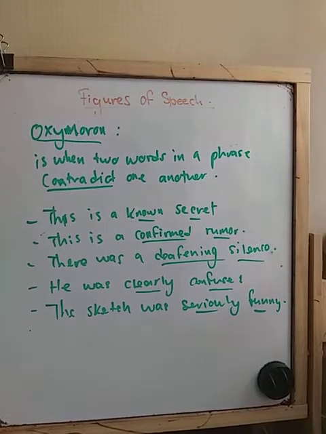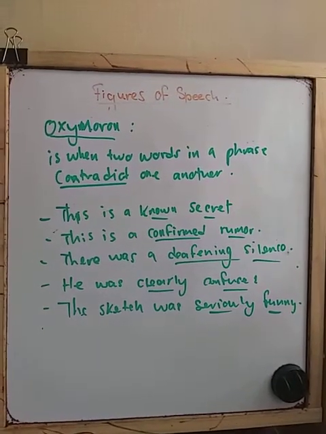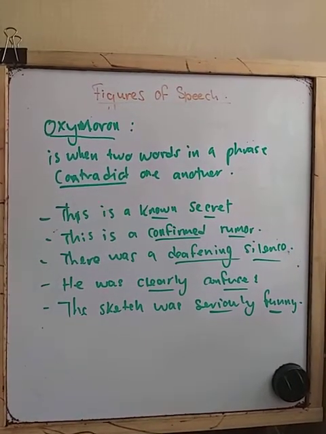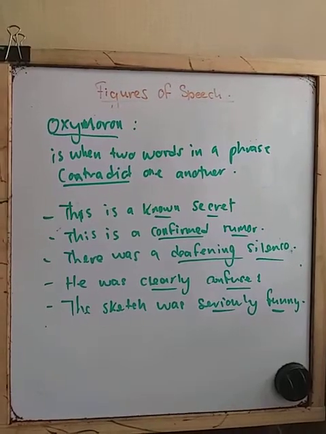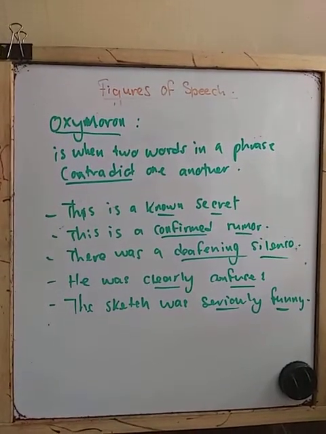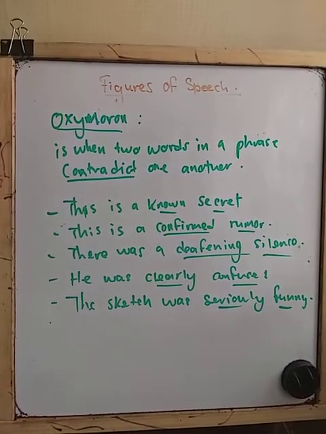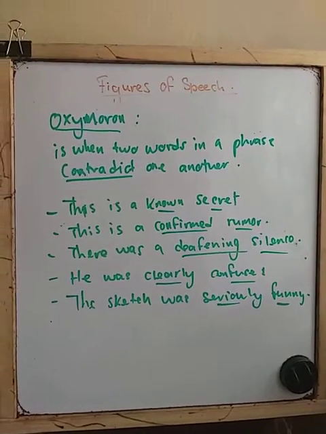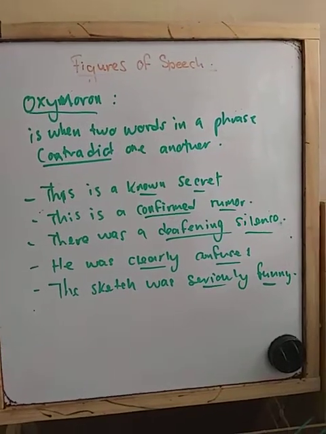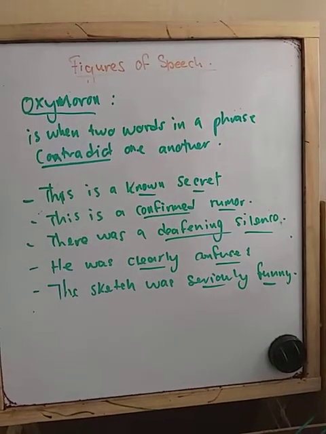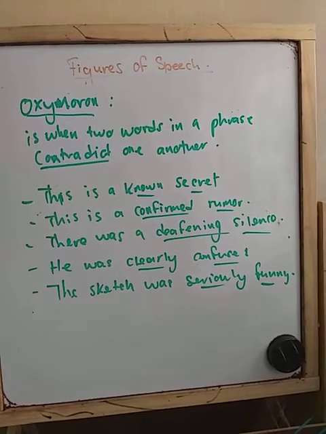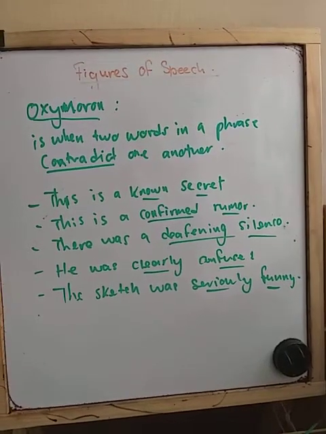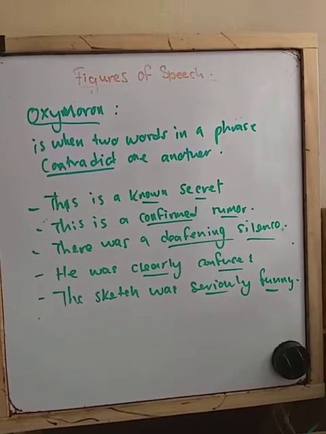And the second one was metonymy. What is the meaning of metonymy? Metonymy is when you replace a word by another word, and the word that you're using as a substitution is an attribute of the word you're replacing.